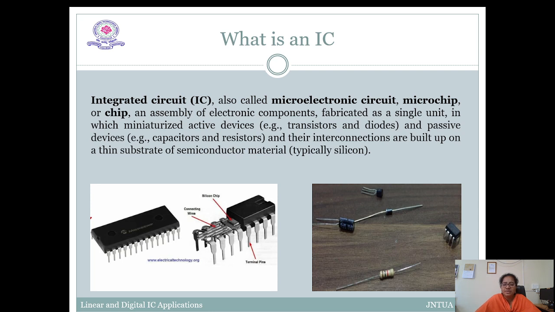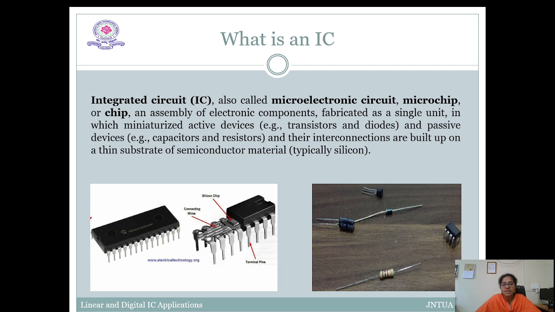So exactly, what is an IC? IC is the abbreviation of integrated circuit. It is also called a microelectronic circuit, a microchip, or simply a chip. It's an assembly of electronic components fabricated on a single unit, in which miniaturized devices, both active and passive components, will be there. Active devices we know are transistor, diode, FET, right?